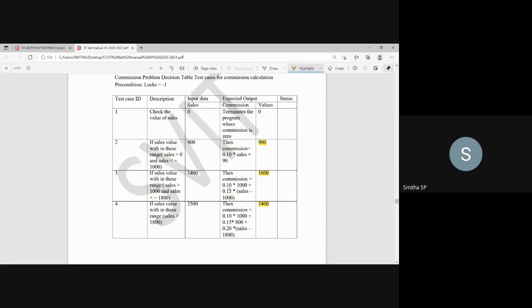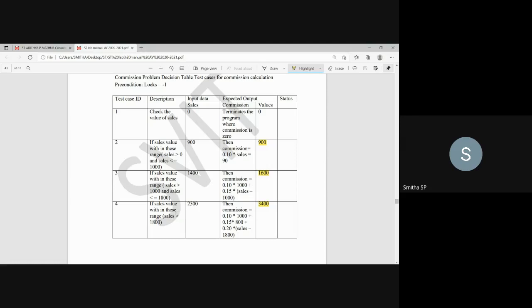So 0.10 into 1000 plus 0.15 into the remaining sales, that is 1400 minus 1000, which is 400. You add these and get 160. It is not 1600; the commission value is 160.